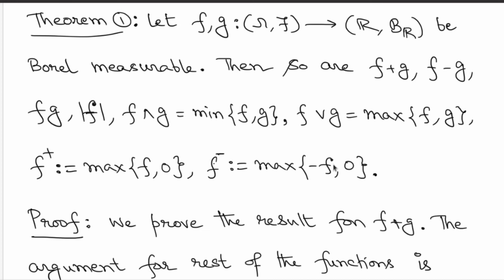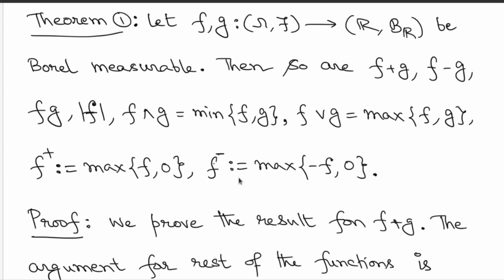Another way to look at the function minus f is to look at the subtraction from 0. So 0 minus the function f will give you minus f. Since both the constant function 0 and f are measurable, the function minus f is also measurable. We are looking at the maximum of f and 0 or the maximum of minus f and 0, and we are going to write these as f plus and f minus.